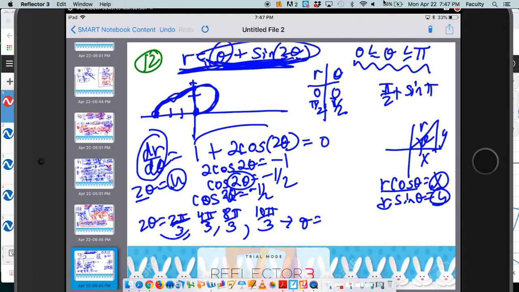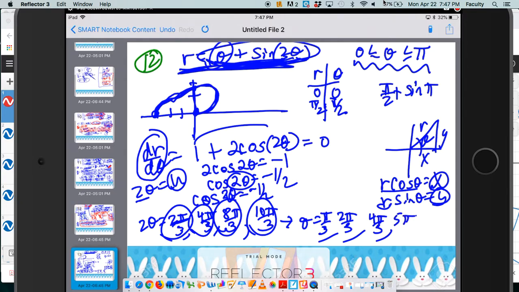Half of that is pi over 3, then 2 pi over 3, then 4 pi over 3, and 5 pi over 3. But look at my domain, it's only 0 to pi. These are past pi, so I don't need these two. These are the ones I take into account as my critical numbers.